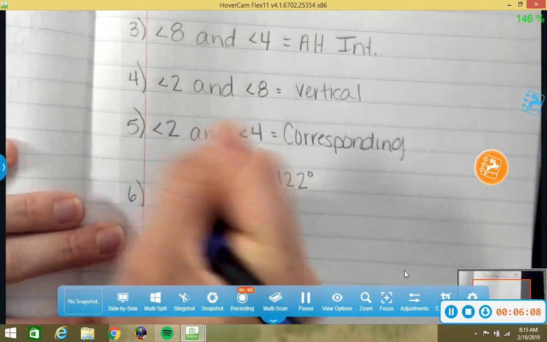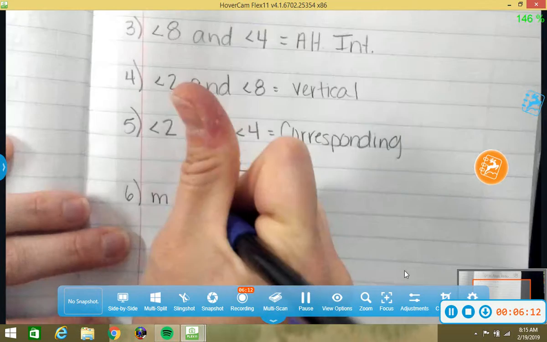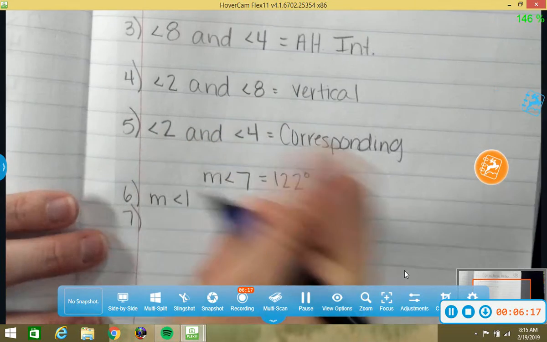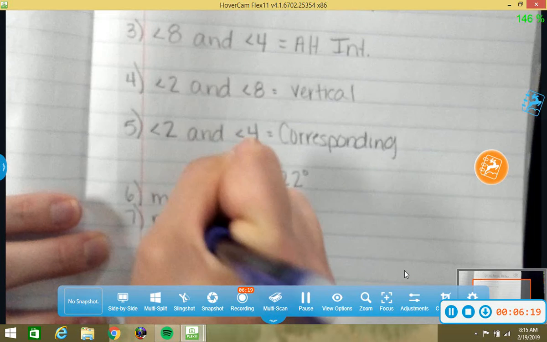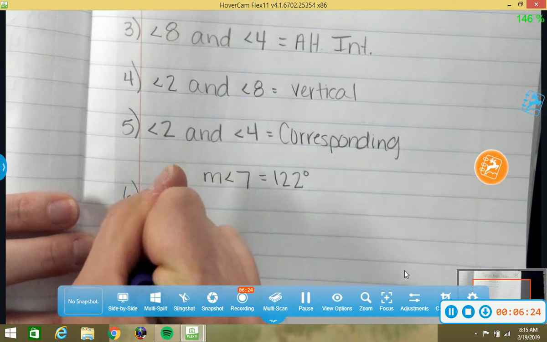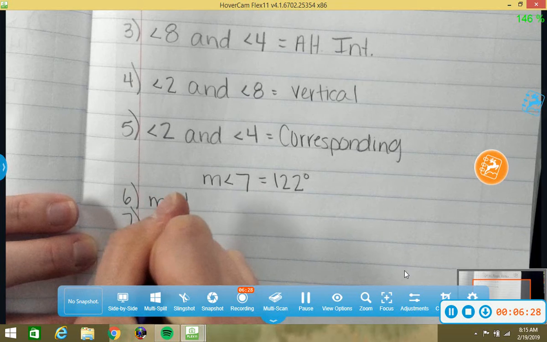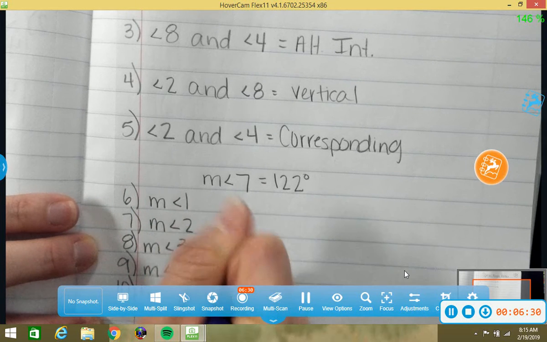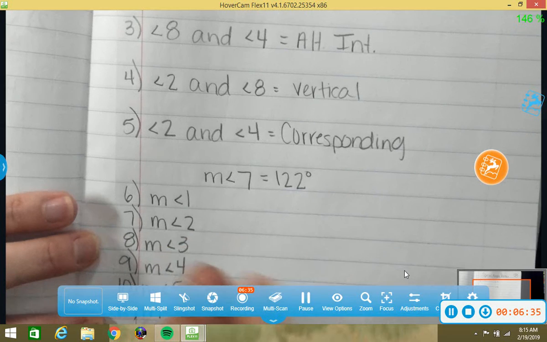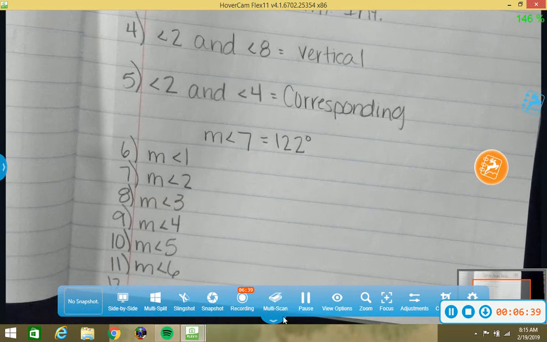So number 6, I want to know the measure of angle 1, 7, the measure of angle 2, 8, the measure of angle 3, 9, the measure of angle 4, 10, measure of angle 5, 11, measure of angle 6, and 12, the measure of angle 7.